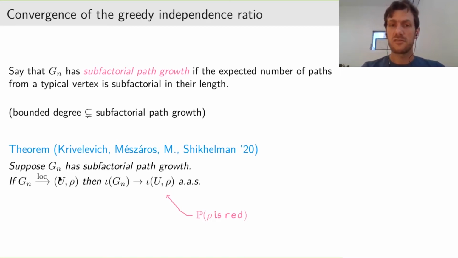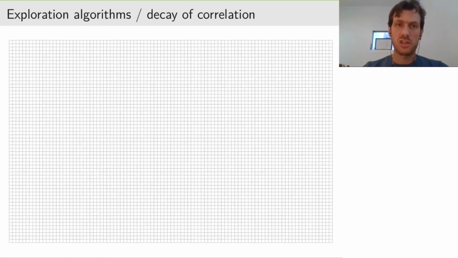This was observed by Gamarnik and Goldberg roughly 10 years ago, but for the bounded degree setting. So we extend it to strictly weaker assumptions, but also provide a different proof, which is based on a quite general exploration algorithm lemma, which states more or less the following. We want to determine the value of some Boolean function, say on two distinct points in our graph.